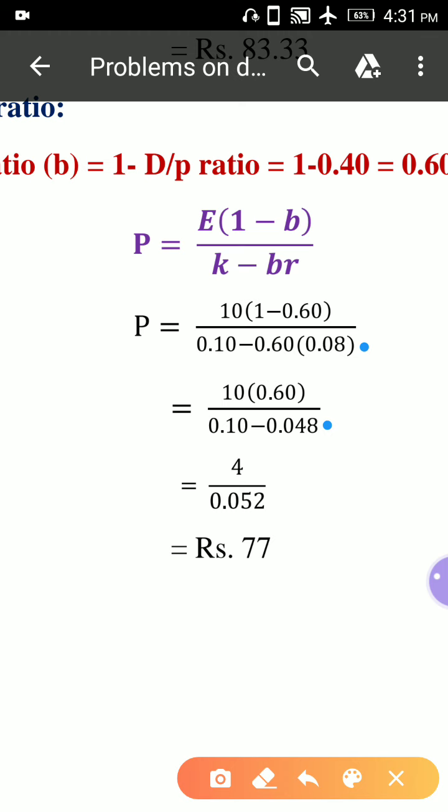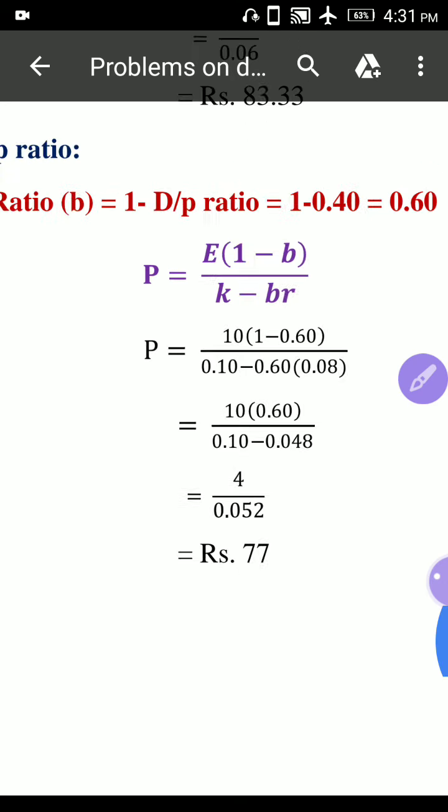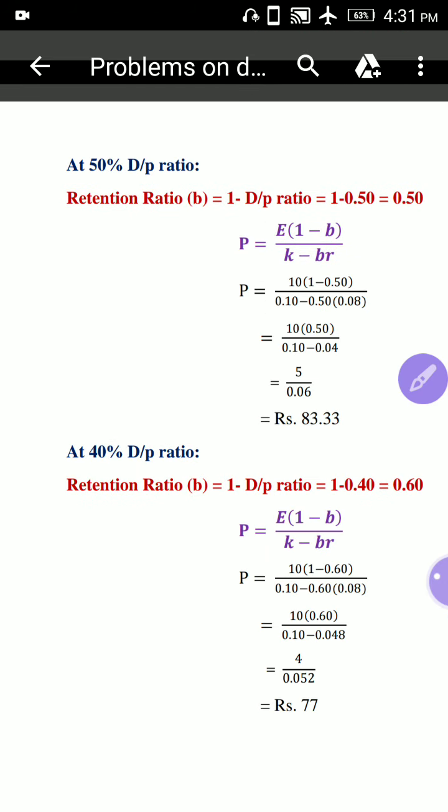So 10 into 0.4 is 4, divided by 0.10 minus 0.048, that is equal to 0.052. So 4 divided by 0.052 is equal to 77. Now this is what about Gordon's model.